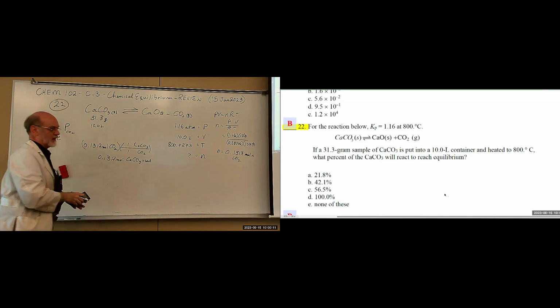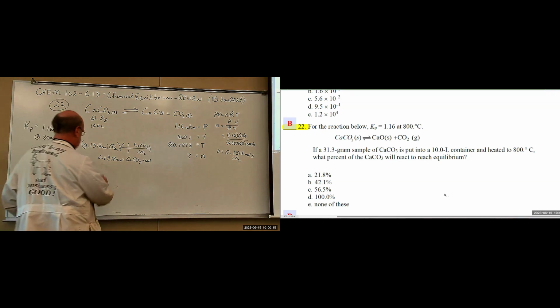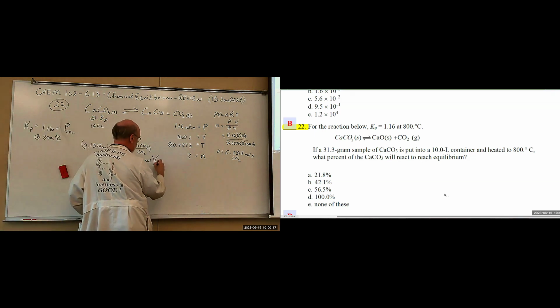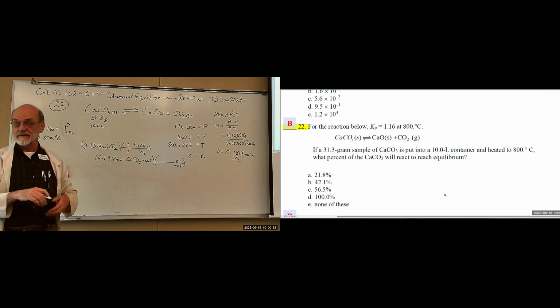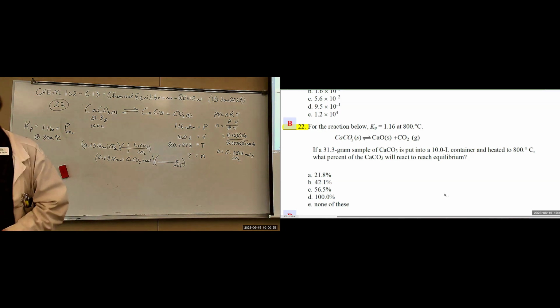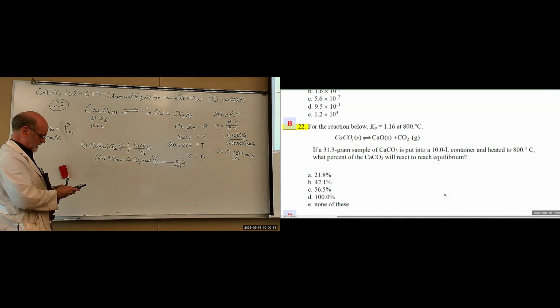How many grams is that? Well, what do we need? Moles on the bottom, grams on the top, which means molar mass. So calcium is about 40.08, let's be precise, 40.08.